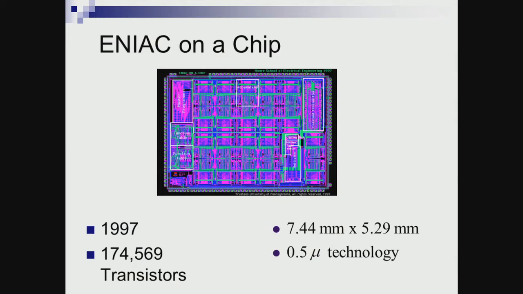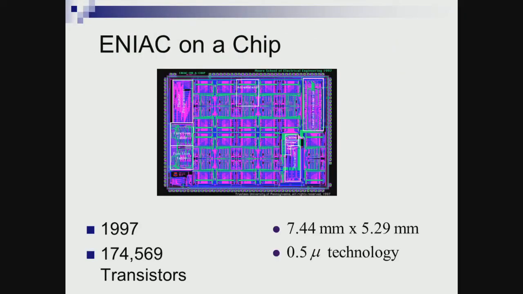What is 0.5 micron? The rough answer is that if you assume a transistor is a square, then the side of the square is 0.5 into 10 power minus 6 meters. So, this is roughly what we can say.